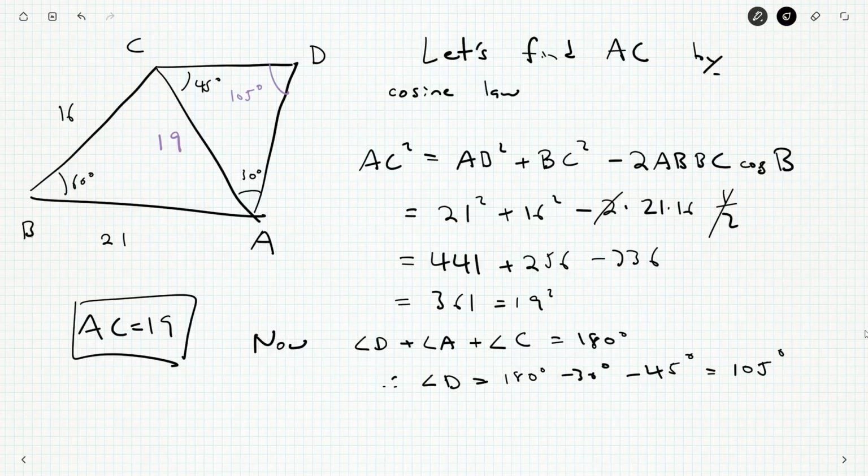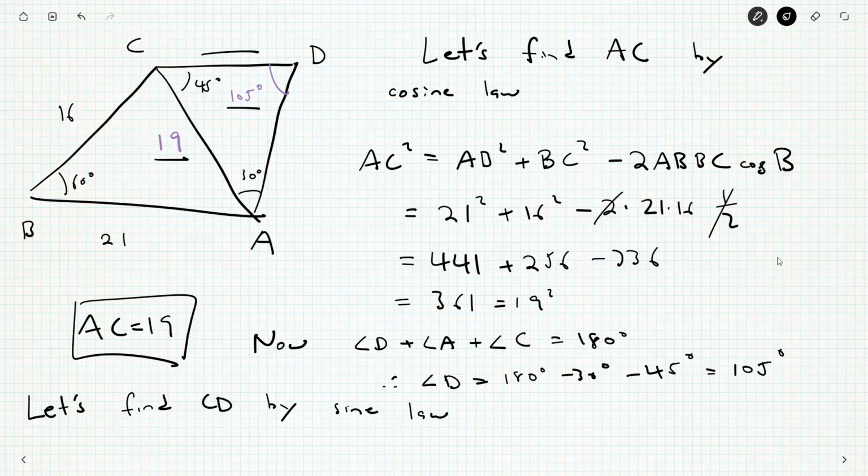Now the thing I want is CD. Well, let's find CD by the sine law. And we're going to have to do it on the next page, but basically it's 19 divided by sine of 105 is the same as CD divided by sine of, we've got a 30 here.